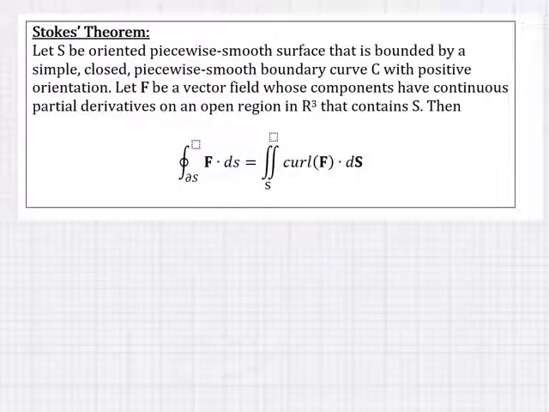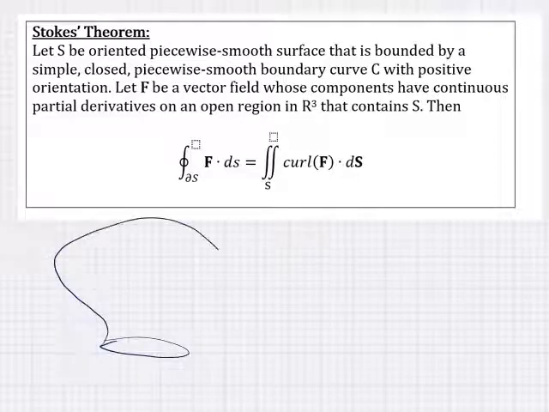So for Stokes' theorem, we have a surface that's oriented, piecewise smooth, and bounded by a simple closed piecewise smooth boundary curve. Of those different pictures, you had this picture.